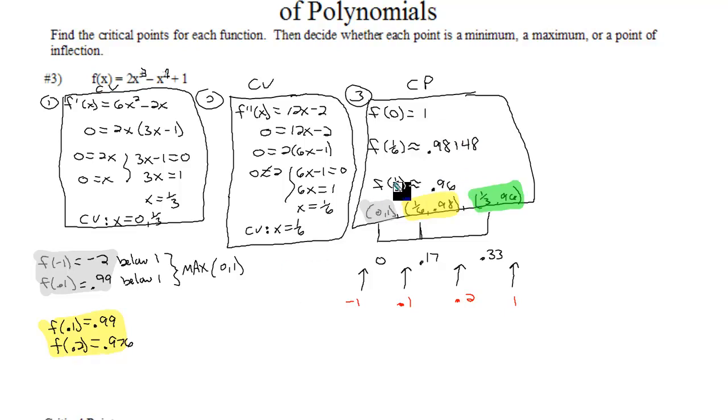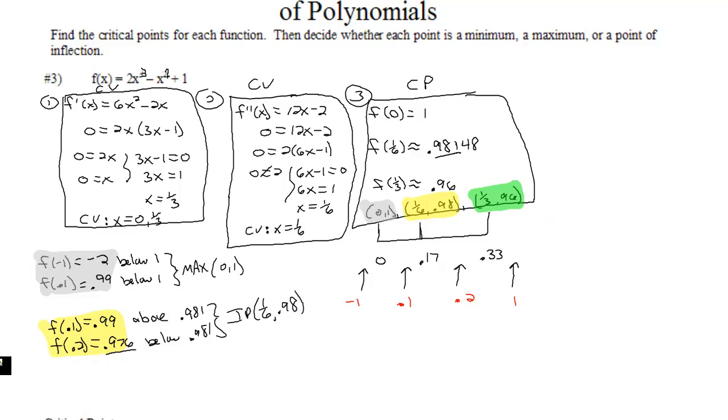There's more decimals than that, but you need to carry it out to at least enough that you can compare to see that these are different. So I'm comparing 0.99 to 0.98. This is above it. I'm comparing 0.976 to 0.98. 0.976 is below 0.98. Some of the points are below and some of them are above. That makes this an inflection point at 1/6, 0.98.